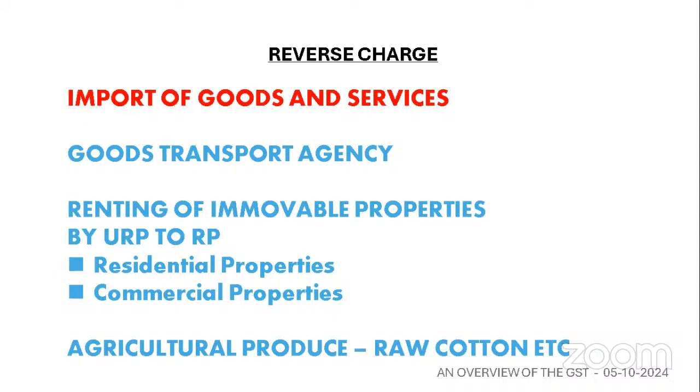Now it has been continued in the GST regime also, where a particular person who receives GTA services from the GTA service provider, the tax will be discharged by the buyer of the services and not by the seller of the services. Therefore, GTA services have been moved out of forward charge and brought into reverse charge.